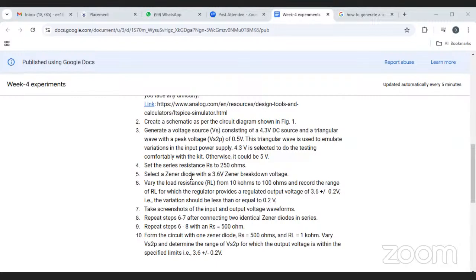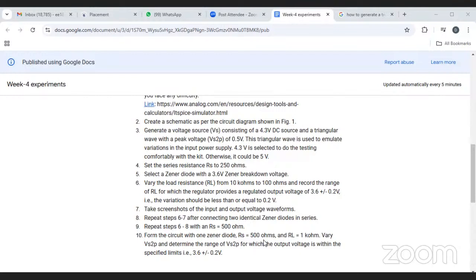Otherwise, you can directly connect one source and say that it varies as a triangle from 4.8 to 3.8. Now what you can do is change that variation, maybe 4.4 to 4.2, like that, and check.